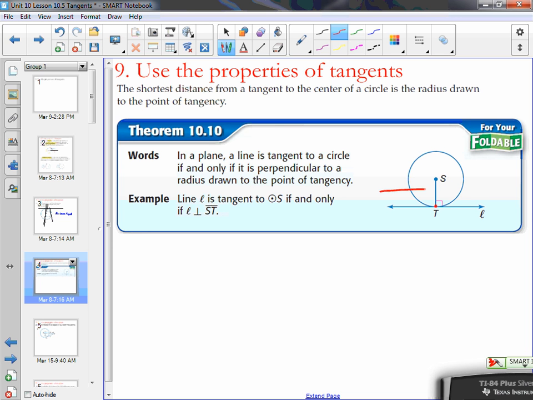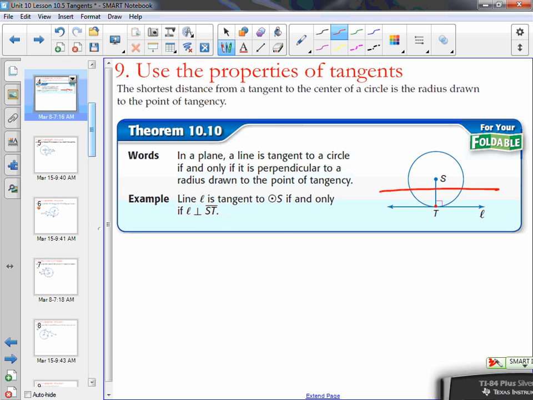This is no good if you draw a line L through there, is it? All right, it's got to intersect at the end point of the radius, at a point on the circle. As long as that's what happens, whenever the radius is perpendicular to the line, it's a tangent line. Whenever it's a tangent line, the radius will be perpendicular to it. Okay? That's two theorems in one.